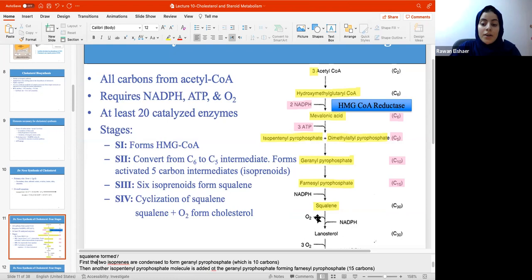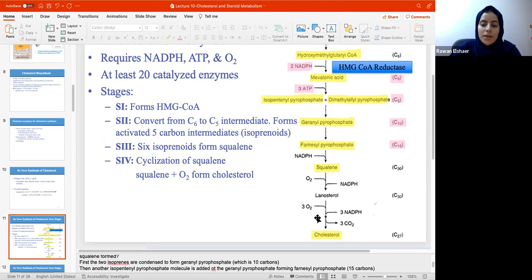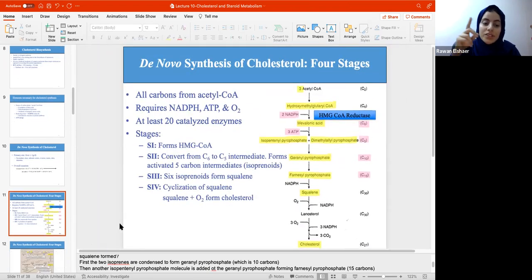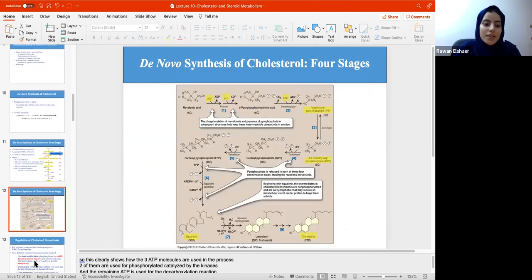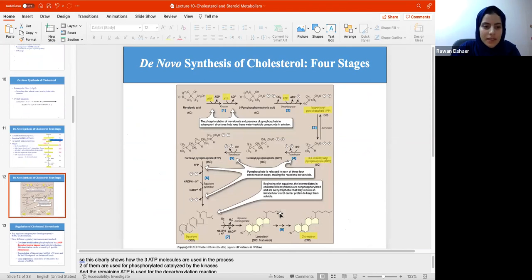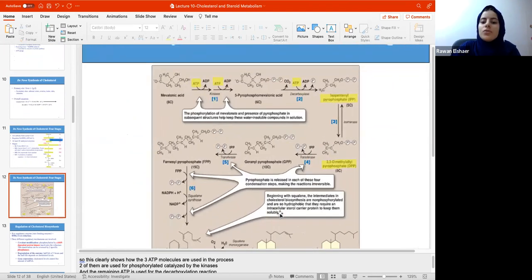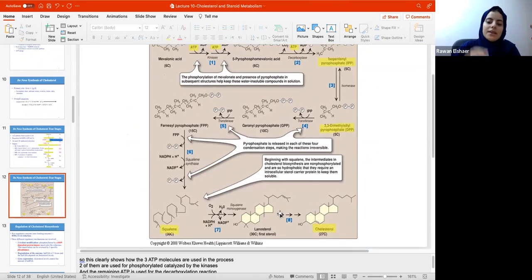Okay, so now the last step, which is the cyclization of squalene. An interesting thing about this step is that because it's so complex, many scientists don't even know exactly how it happens, and they studied it for many years because it's so fascinating. Basically, this linear squalene structure ends up being this cholesterol shape because it undergoes cyclization, which means it forms these rings.